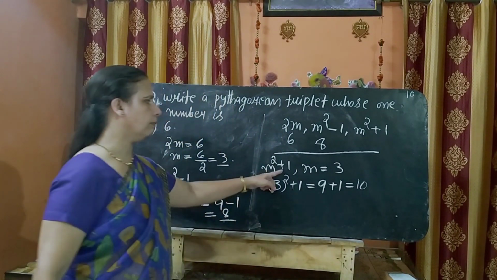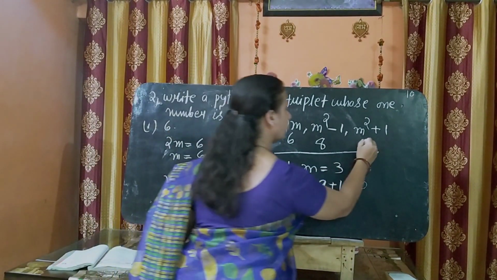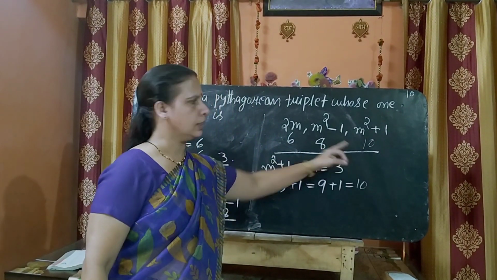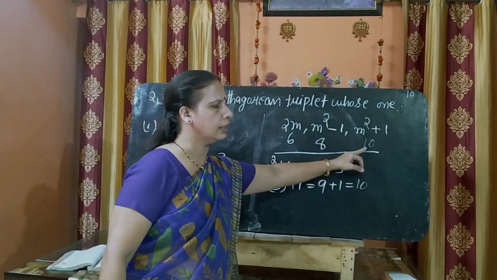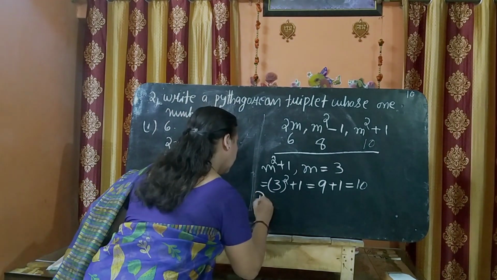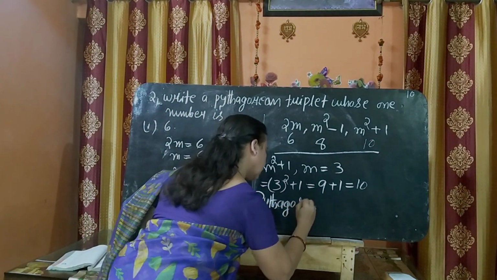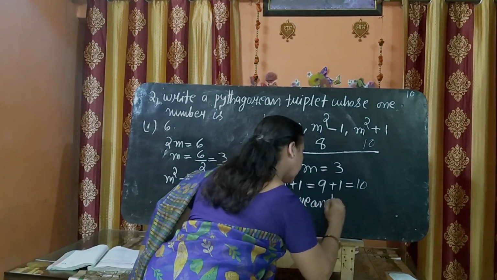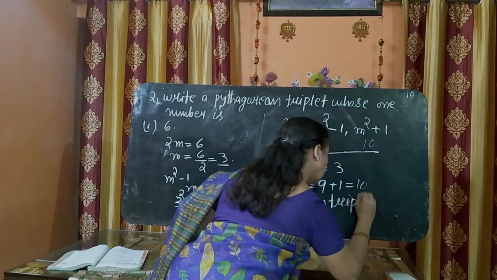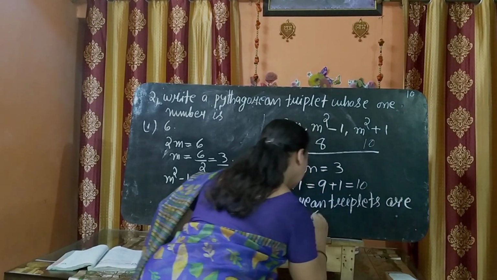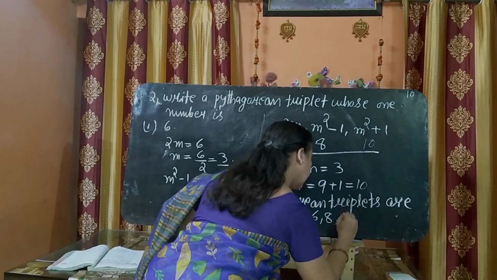Then m square plus 1 we got the value 10. These are the Pythagorean triplets: 6, 8 and 10.